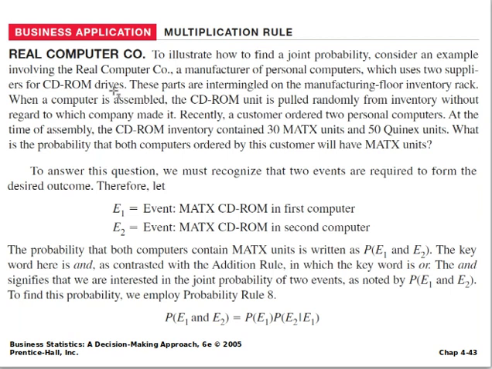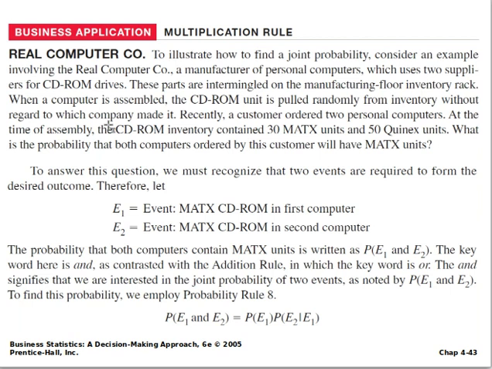This was when CD-ROM drives were very popular. These parts are intermingled on the manufacturing floor inventory rack. When a computer is assembled, the CD-ROM unit is pulled randomly from inventory without regard to which company made it. Recently, a customer ordered two personal computers.